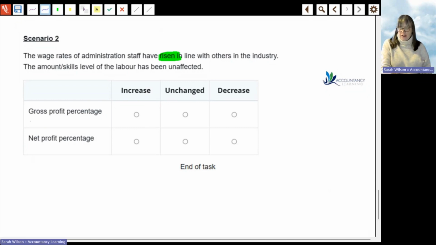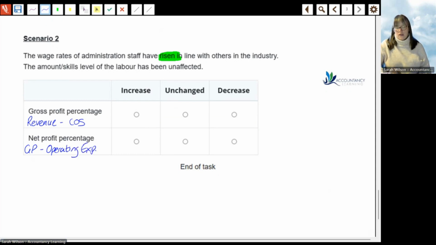So our gross profit is our revenue minus our cost of sales. And our net profit is our gross profit minus our operating expenses. So gross profit percentage is only concerned with revenue and cost of sales.